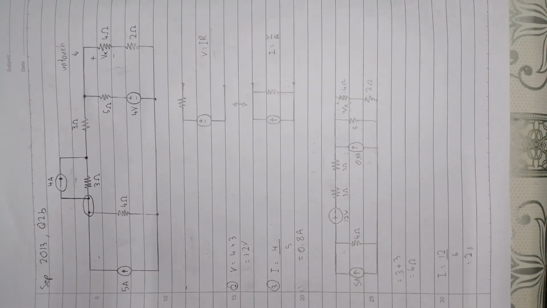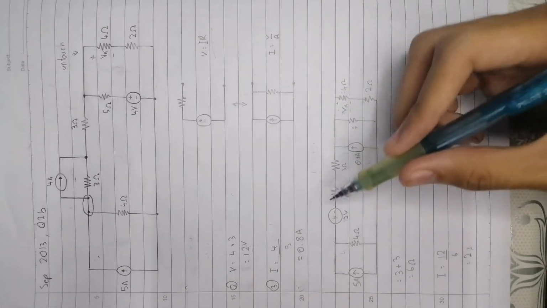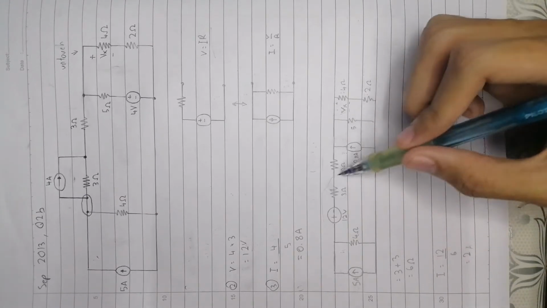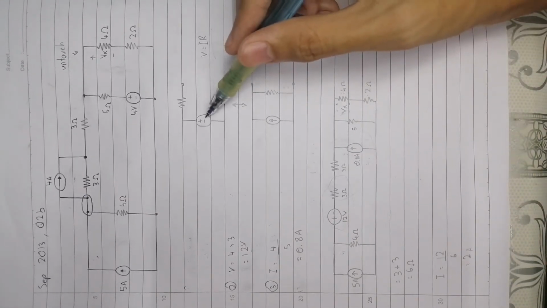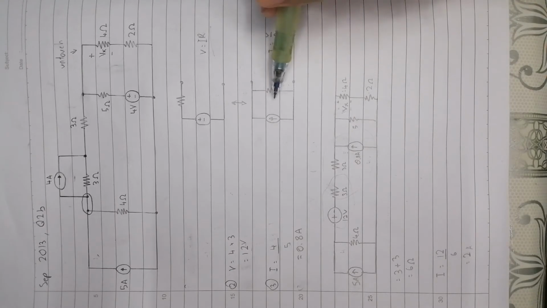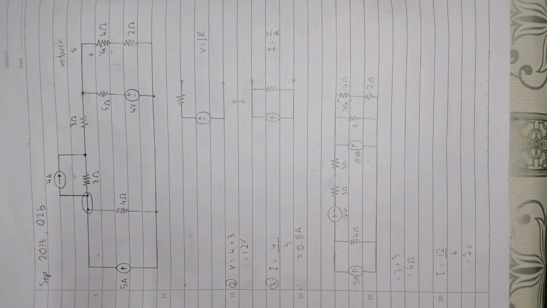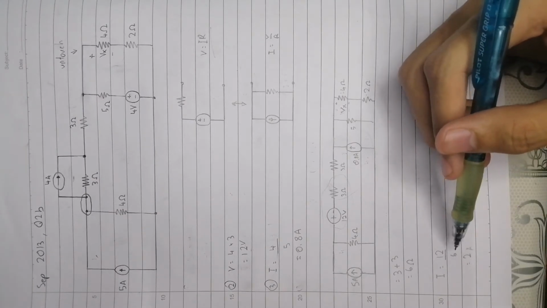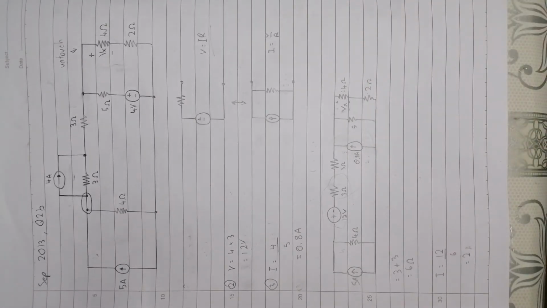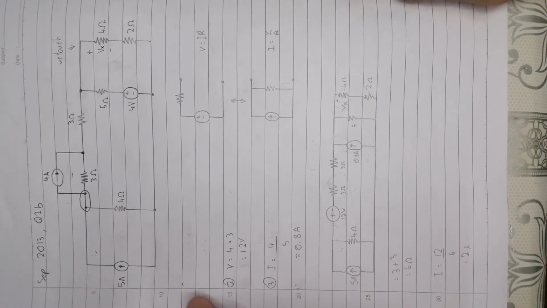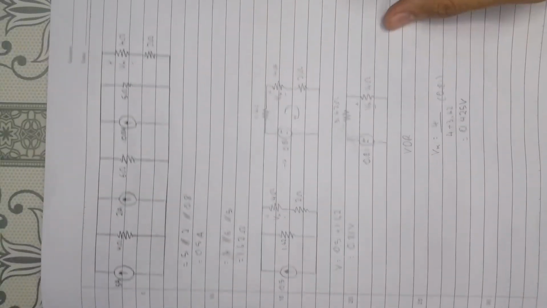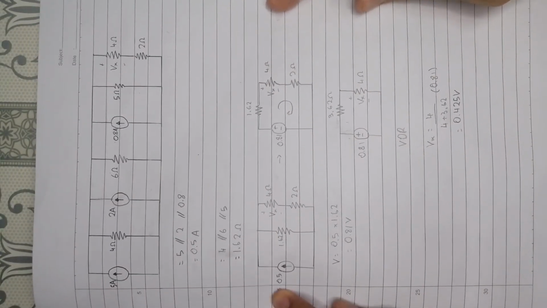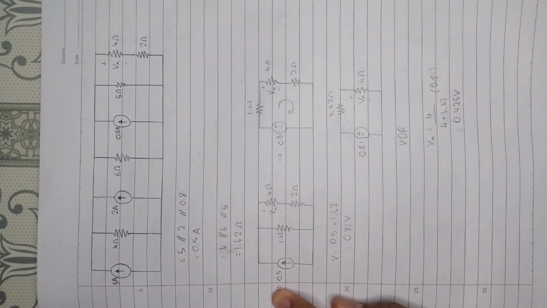And then we can change this part, that is voltage source to current source, like this. So 12 over 6, we got 2 ampere. And then the circuit will become like this.